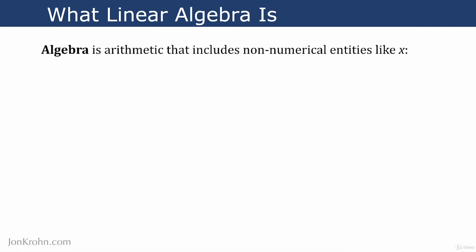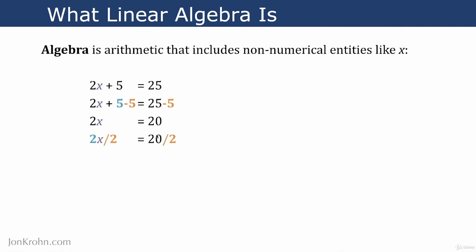Well, first let's talk about what algebra more generally is. So, algebra is arithmetic that includes any non-numerical entities like x. So here's a simple example. If we have this equation, 2x plus 5 equals 25, well, we can subtract 5 from both sides of the equation, and then that will leave us with 2x is equal to 20.